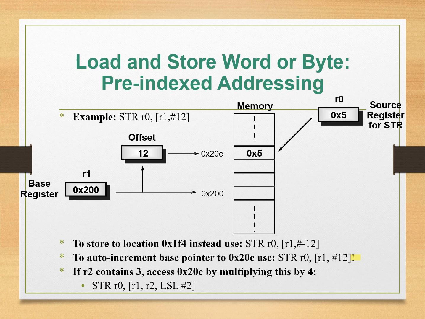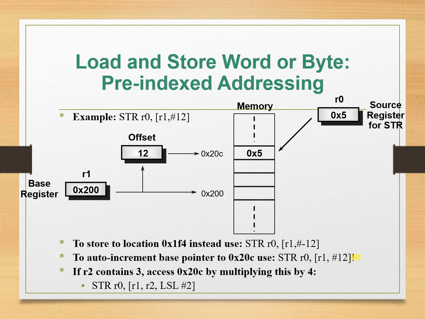Then after you execute the instruction, R1 will contain 200C. If let's say R2 contains 3, to access 200C you multiply this by 4.